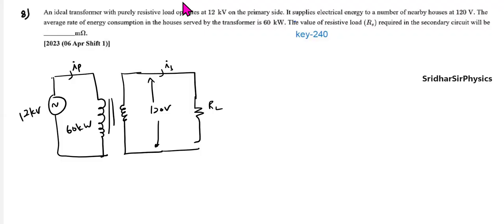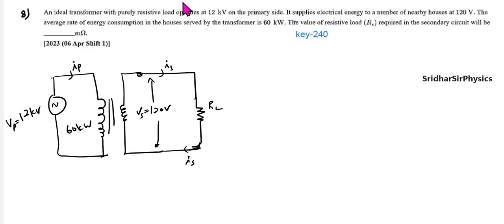Then in a transformer, the power in the primary should be equal to the secondary. And this is the secondary voltage and this is the primary voltage. Fine. The resistive load required is what we are asked to find. There's one basic circuit; we'll apply Ohm's law.